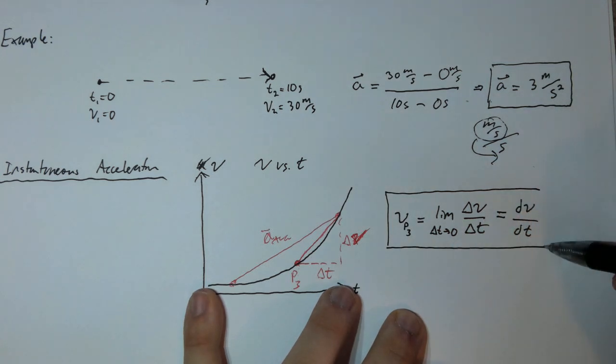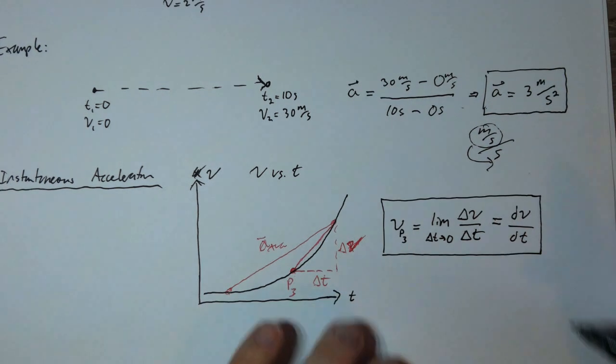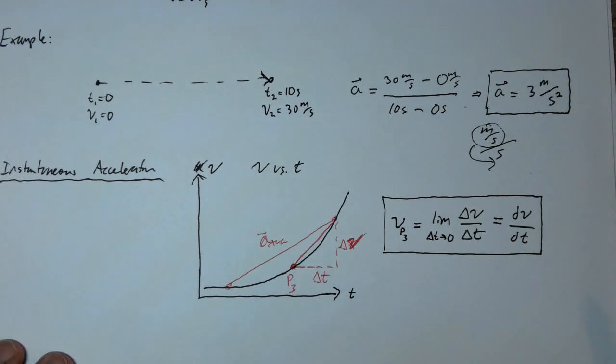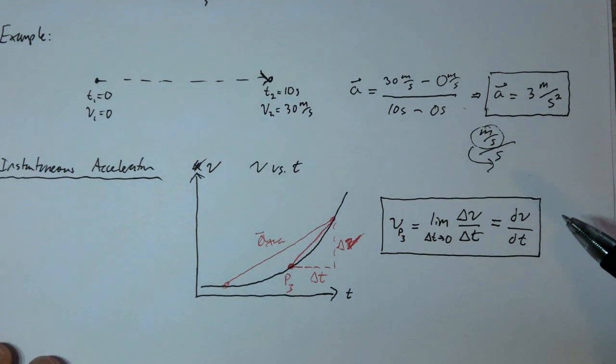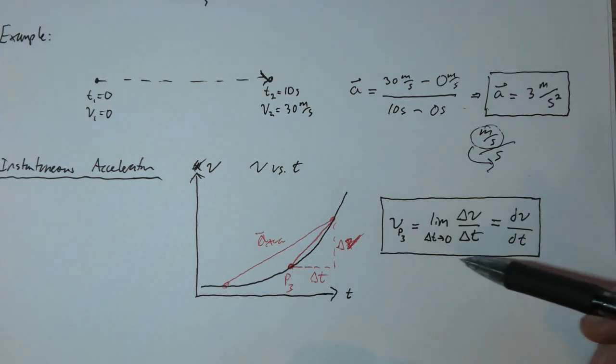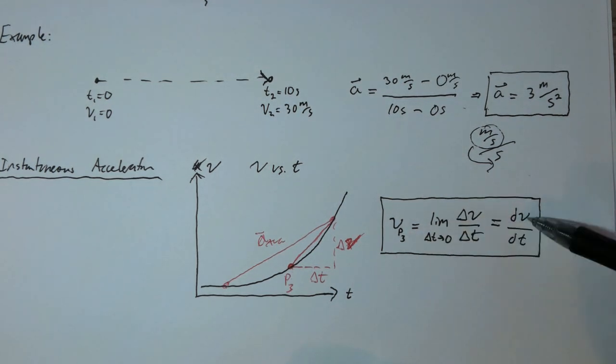So if you're having trouble understanding, I encourage you to go back to the video I did on instantaneous velocity, and the only difference in the equations is the v's change to x's.